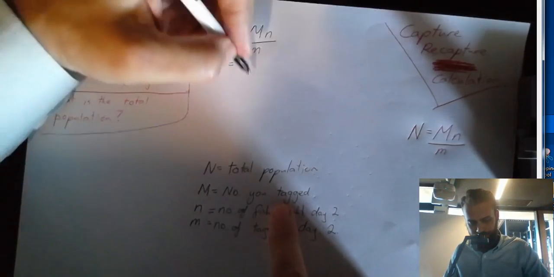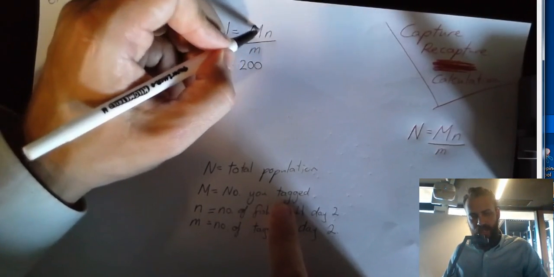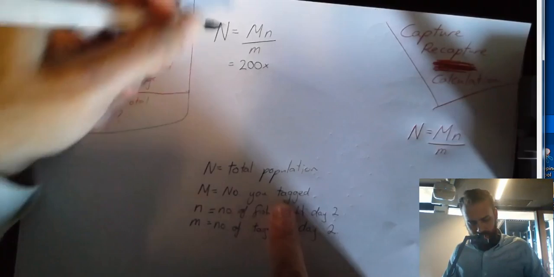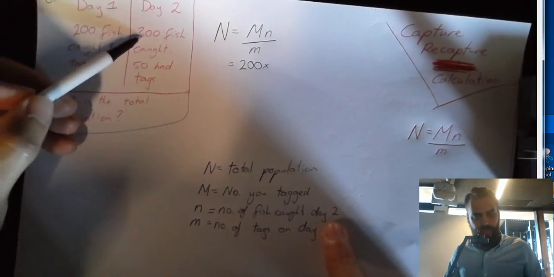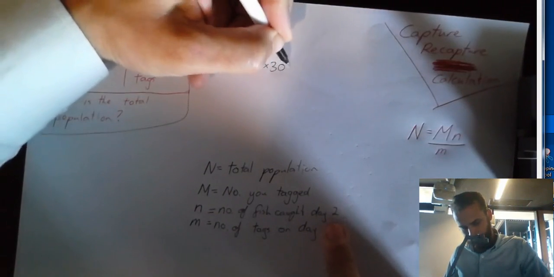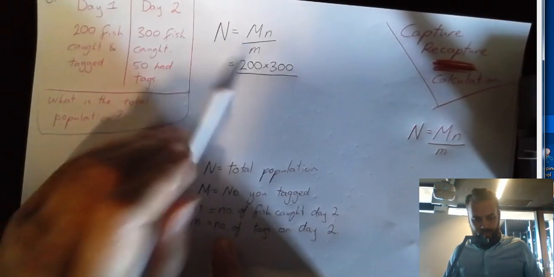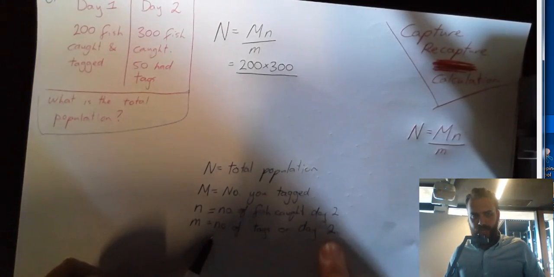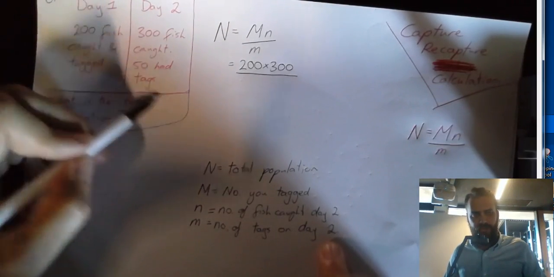We tagged all of them. 200. Now, there's no space between the M and the n, so there's a multiply. Small n, number of fish you caught day 2. Well, I caught 300 fish on day 2. And small m, number of tags on day 2. Of the 300 fish I caught on day 2, 50 of them had tags.